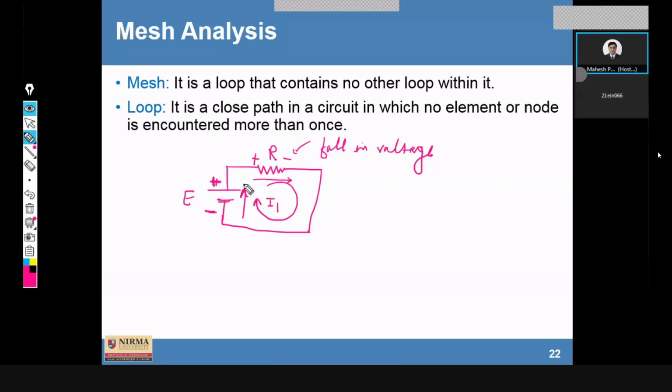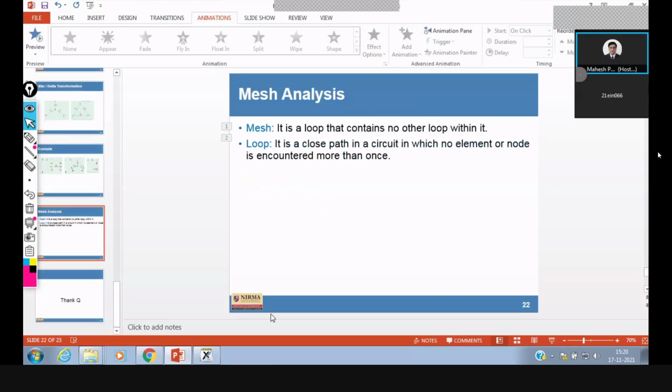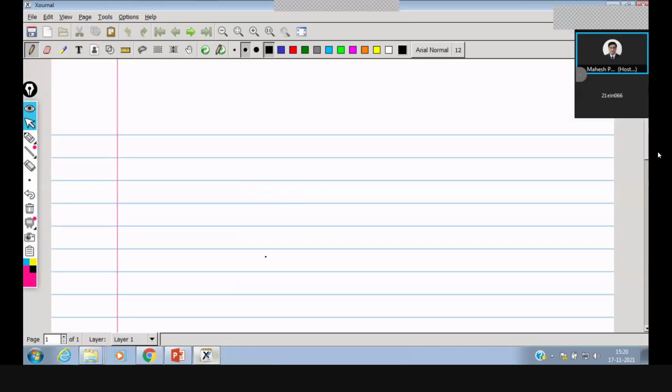So let me have one generalized example of 2 different meshes, then we will have an example of 3 different meshes. Fine. So let me start with Notepad. Okay. So today's topic title is mesh analysis.